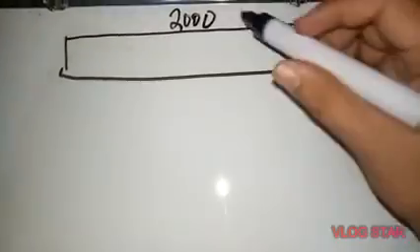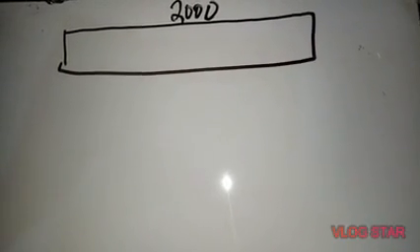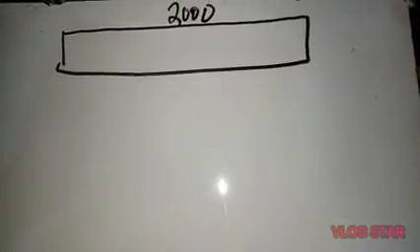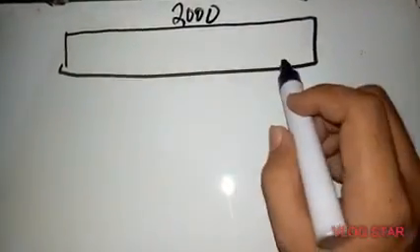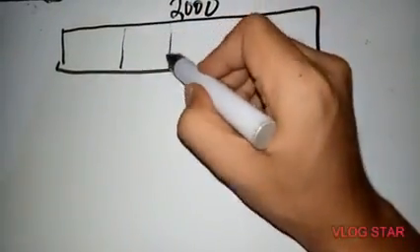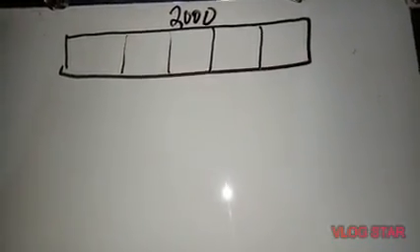So her total money is 2,000 pesos and she spent 3/5 of 2,000 for the dress. For us to get 3/5, we need to divide this whole into 5 equal parts. So 1, 2, 3, 4, 5. Let's say that they are equally divided into 5 equal parts.